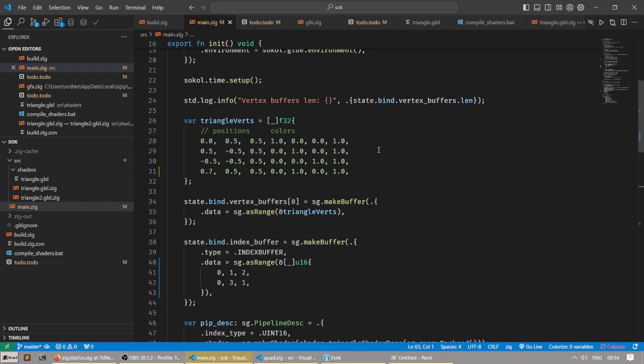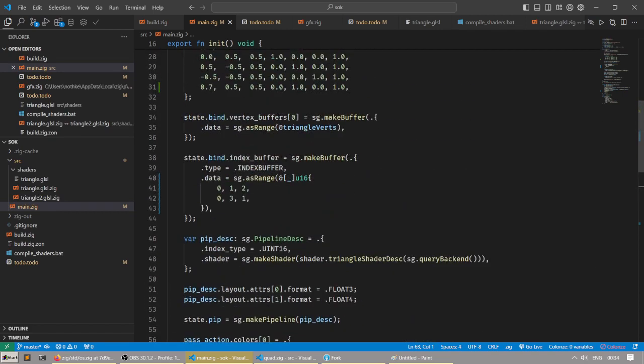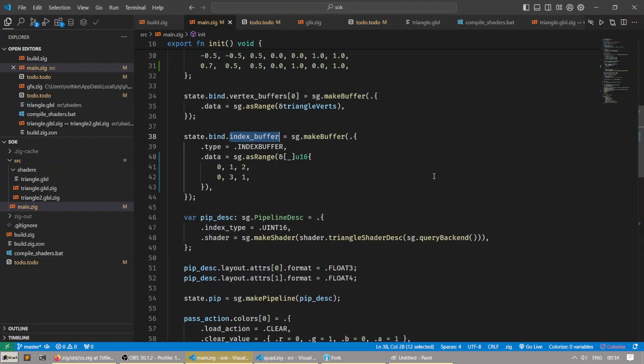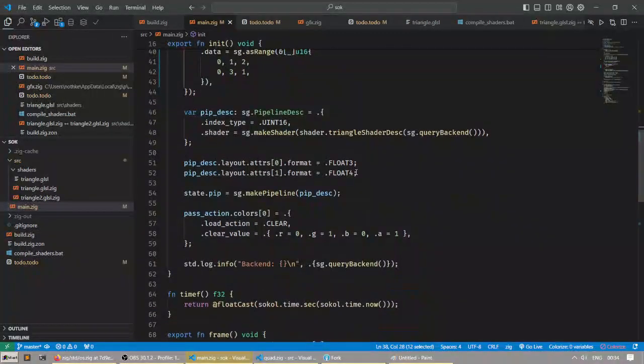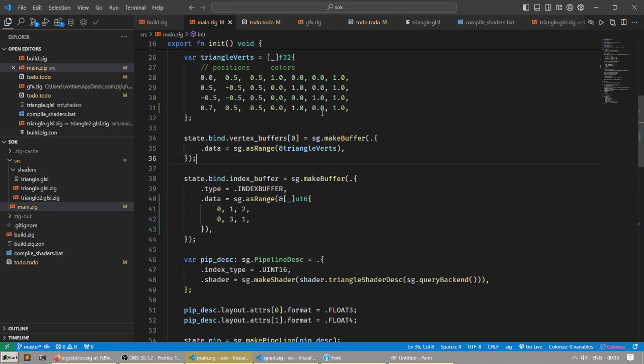So yeah, we have the 6, but here's the thing: since we know that the index buffer is, well, interesting. Okay, so how can we actually provide it with a number so that we don't have to edit this all the time?